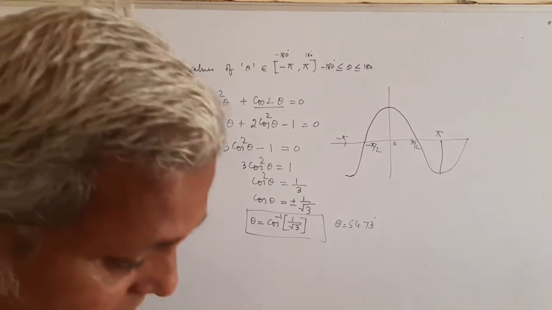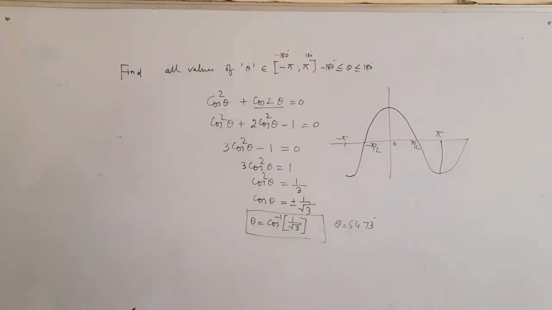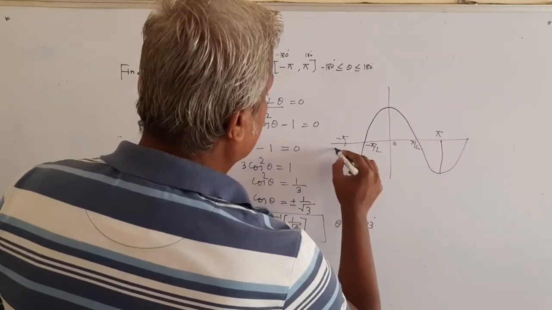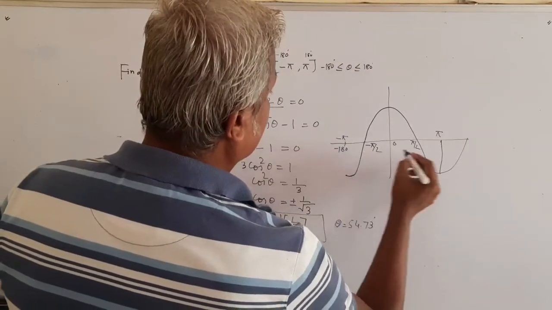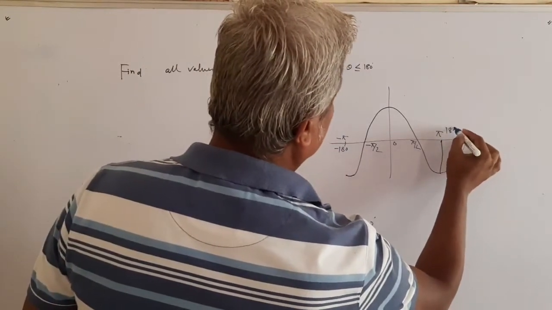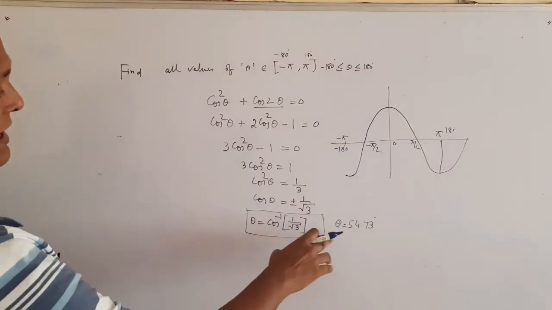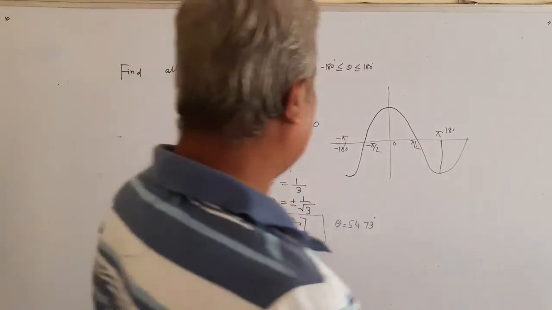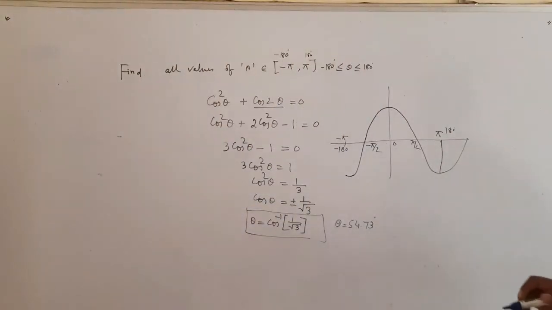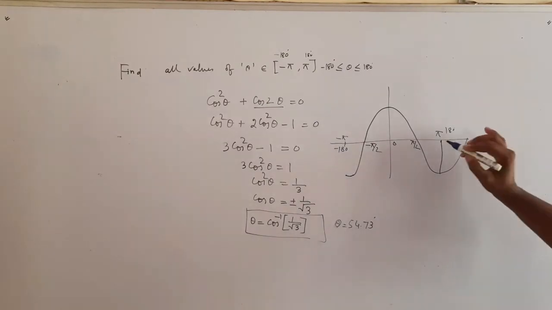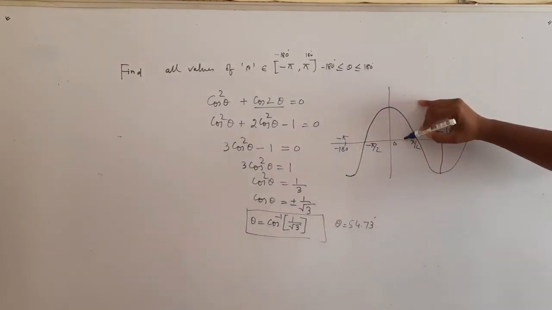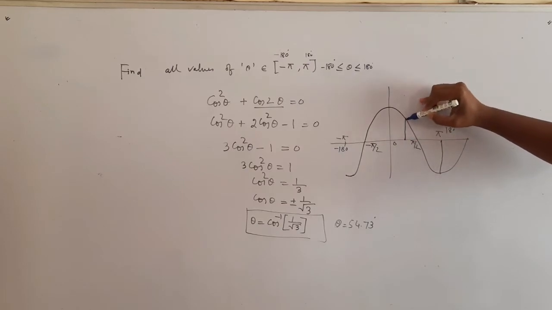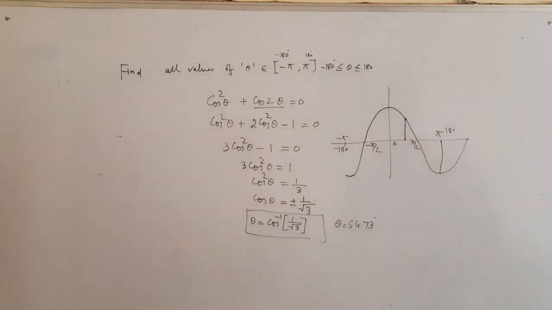Now this is my minus 180 and this is 180, and the value I'm getting for theta is 54.73. This is 90, so it is somewhere here, suppose 45, suppose 53. If I drop one value, I get one value here.